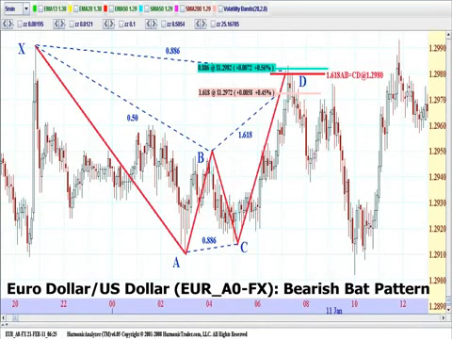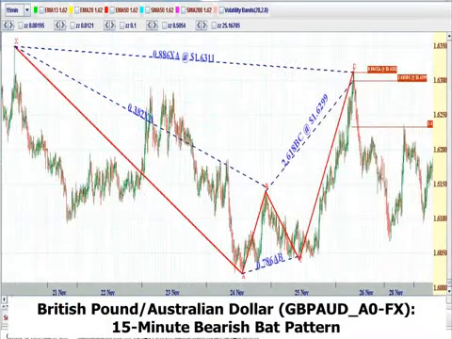So in this case, with the 0.886 at 129.82, we want to be looking to execute right there. Anything above the 1.0 level, that would be anything above 129.90 or even 130, would mark an invalid bat pattern. But in this case, the structure yielded a nice reversal.